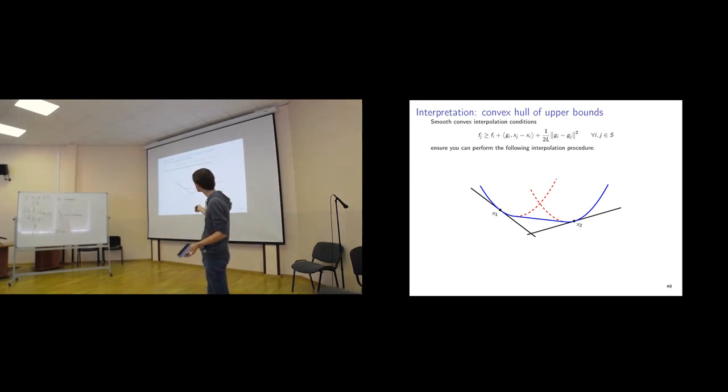So if this is satisfied, you can always do that, and it will always allow you to recover a function. This answers a bit the question you had. This is one way to recover functions: the convex hull of upper bounds. This is the one which provides you with the highest possible interpolating function. Now the lowest possible one is the one you obtain by just smoothing the lower bounds, and this inequality ensures that you can always do that.